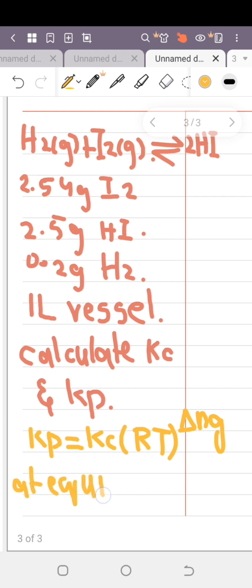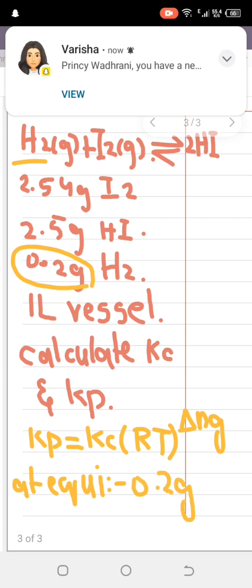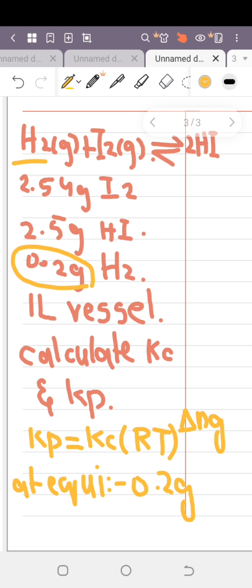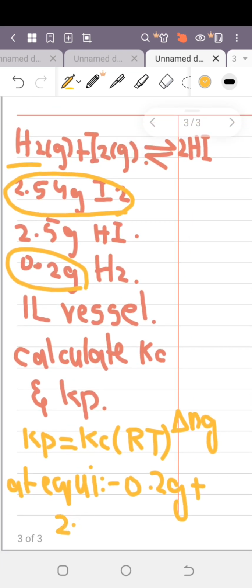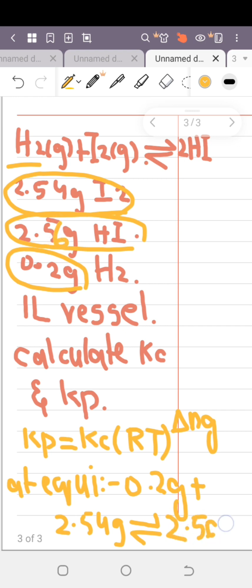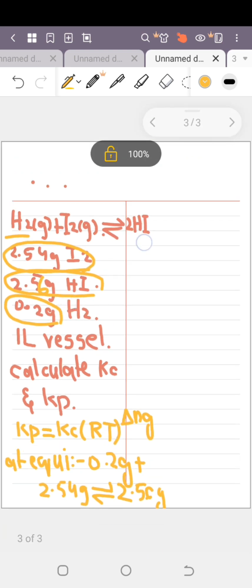At equilibrium, the mass of H2 is given as 0.2 gram, plus the mass of I2 is 2.54 gram, which gives the product HI, 2.56 gram. Now let's solve this.